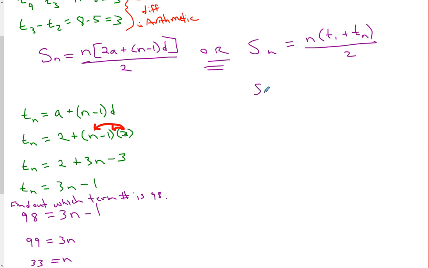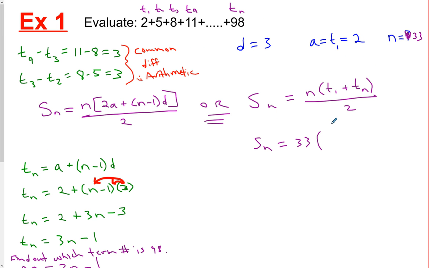So I'm going to say the sum of all the terms is equal to n, which we now know is 33, times the first term, which is 2, plus our 33rd term, because we're putting in a 33 anywhere there's an n. Our 33rd term is 98. It's our last term, divided by 2.